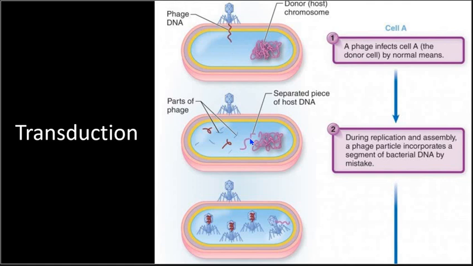Now, what ends up happening is the virus starts multiplying and multiplying inside of the bacteria. And what can happen is little pieces of the DNA of the bacteria can enter into the virus. And you can see that right here.